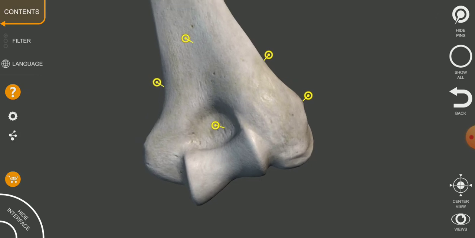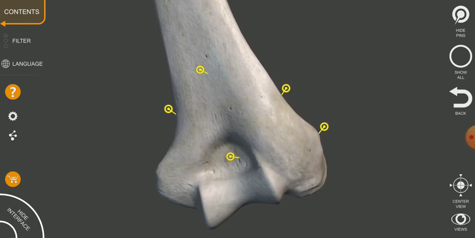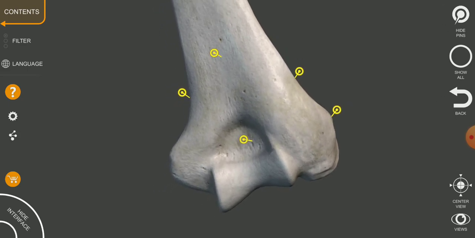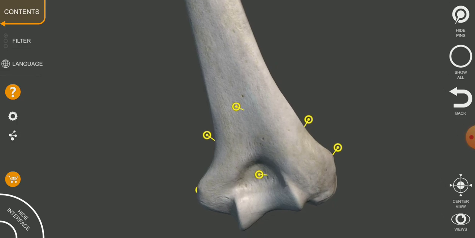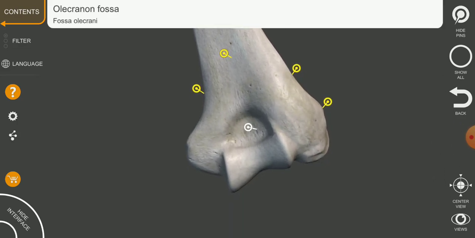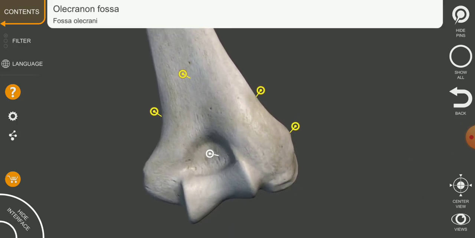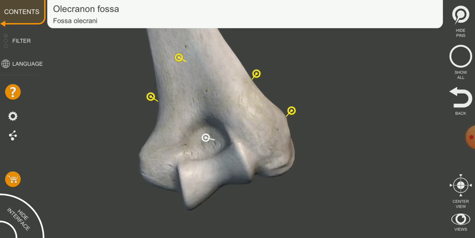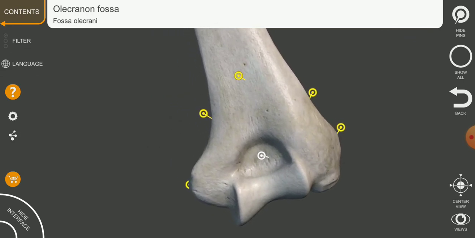On the back side we have only one fossa. We can see here, that is the olecranon fossa, and into this olecranon fossa fits the olecranon process of the ulna. I said that the ulna joins to the trochlea; the olecranon process of the ulna attaches here and fits into the olecranon fossa.